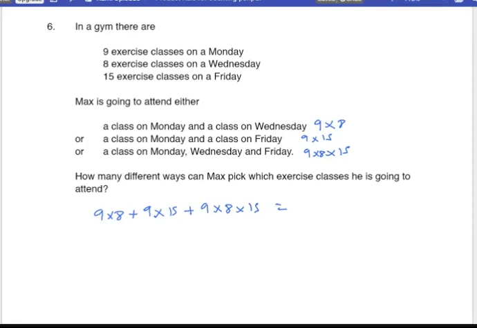On my calculator, I'm getting 1,287. Might be worth trying again. Oh, it's because of the way I didn't multiply the 9 times 8 times 15, right? Okay. Well, there we go.